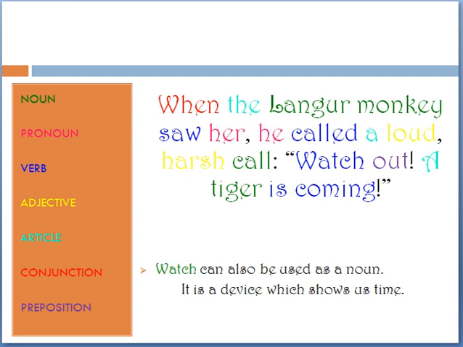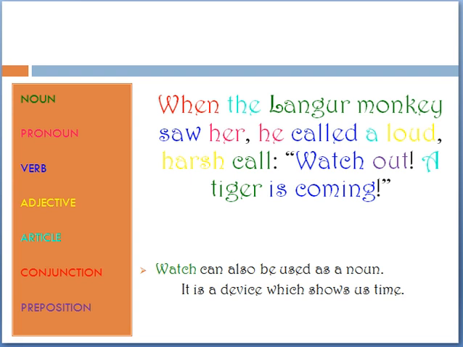Now let us analyze why and how they are used in this sentence. When the langur monkey saw her, he called a loud, harsh call, "Watch out, a tiger is coming." So the sentence begins with this word when. We have already mentioned that when is a conjunction. It is written in red, so it is a conjunction.